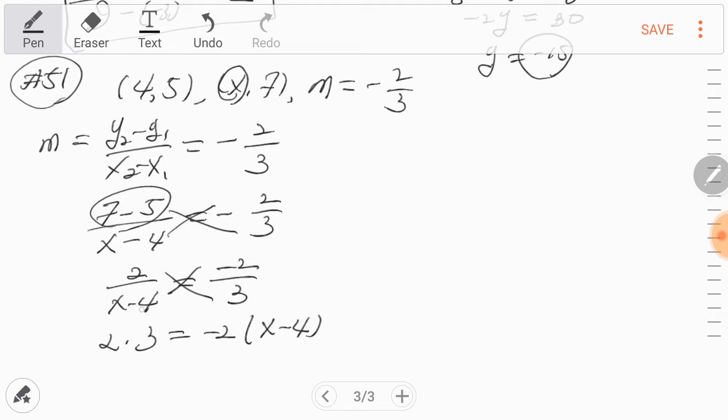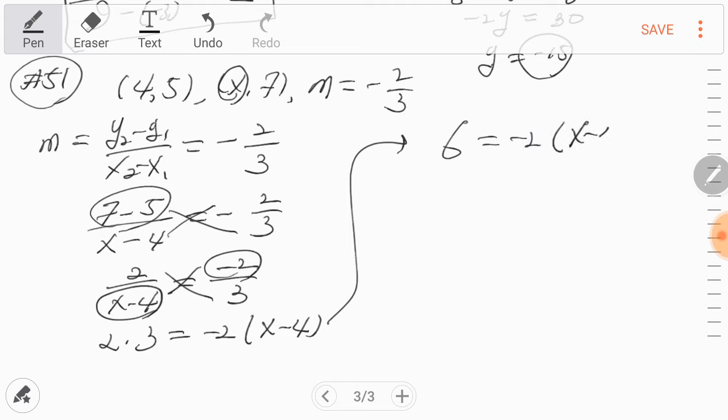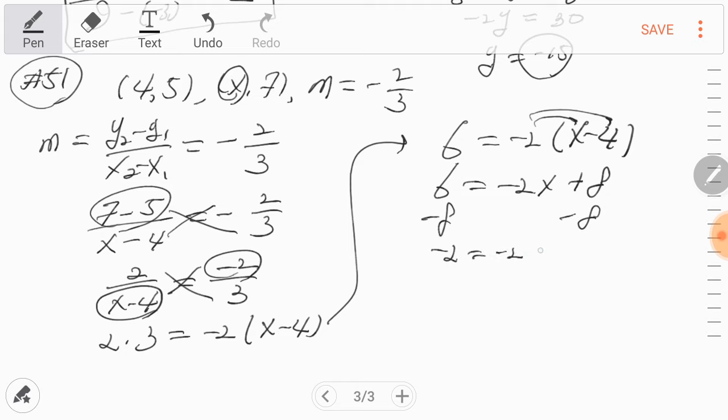Then 6 equals negative 2 times (x minus 4). You can distribute: 6 equals negative 2x plus 8, and minus 8 on each side, negative 2 is equal to negative 2x. Divide each side by negative 2, then 1. So the x coordinate of the second point is 1.